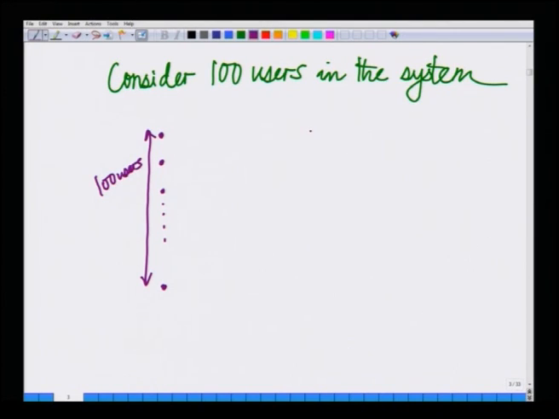Now, let us say there are 100 channels available for these 100 users, that is, one channel available for each user.